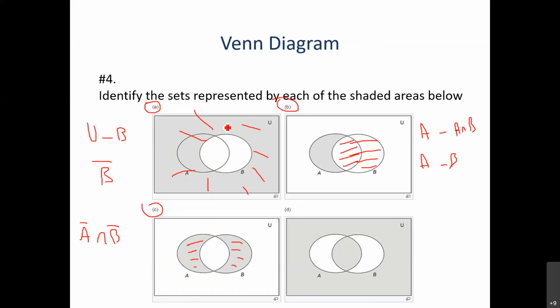So this is B bar, A bar, yeah, no. Yeah, that looks fine. So B bar is like in part A. It's everything other than B. No, actually, I'm not sure about that. Yeah, that might not be right.